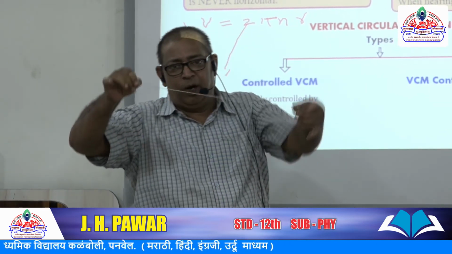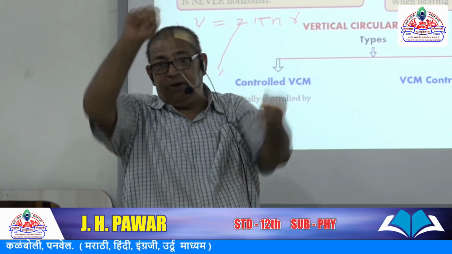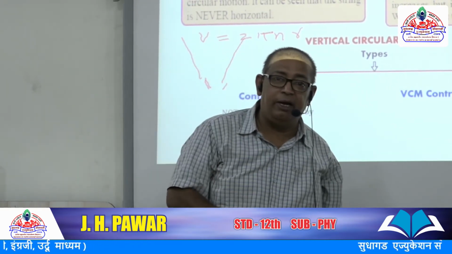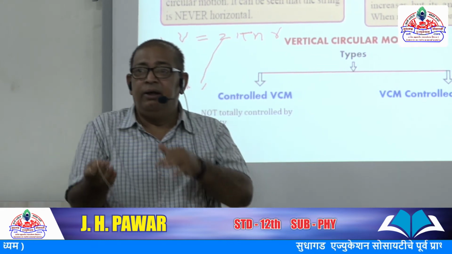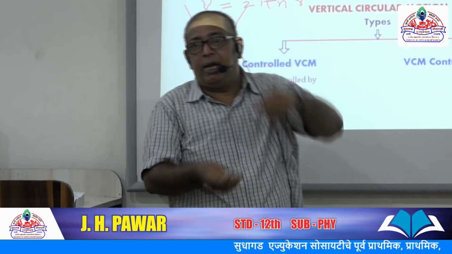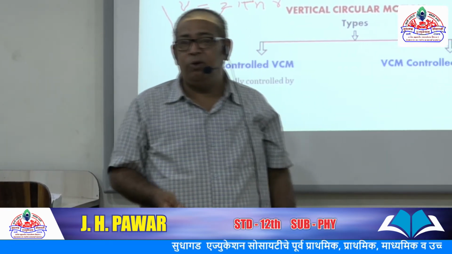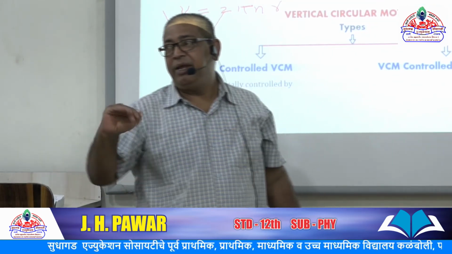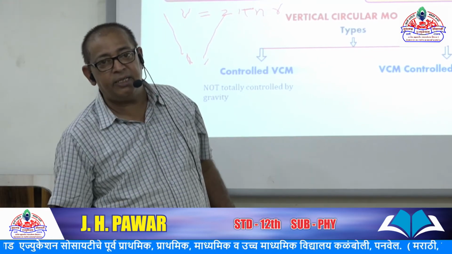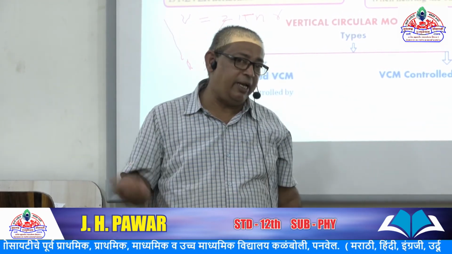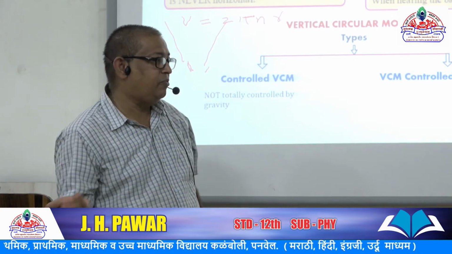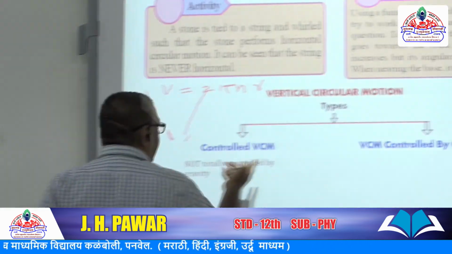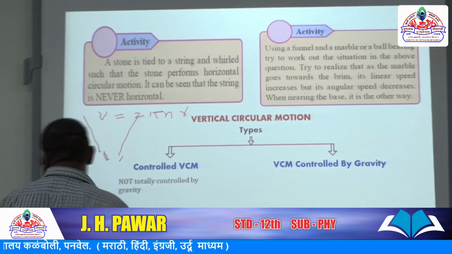Again it goes upward: from top to bottom, potential energy gets converted into kinetic energy, and from bottom to top, kinetic energy gets converted into potential energy. These energies are converted into each other and vertical circular motion is possible. Then we have to see the tensions, velocities and other aspects of vertical circular motion, which is controlled by gravity.